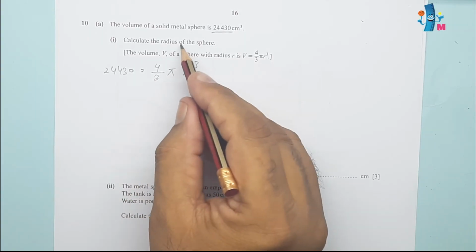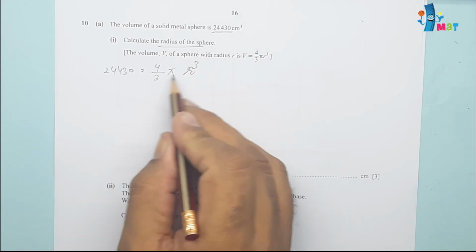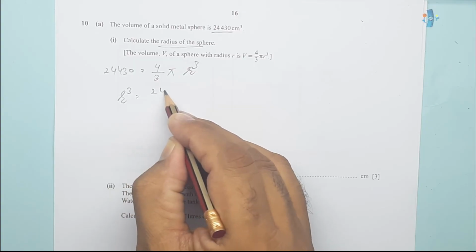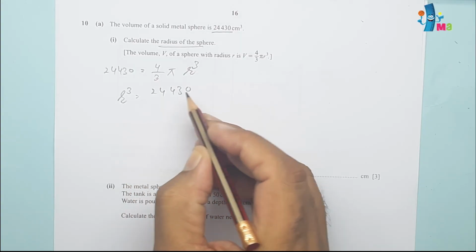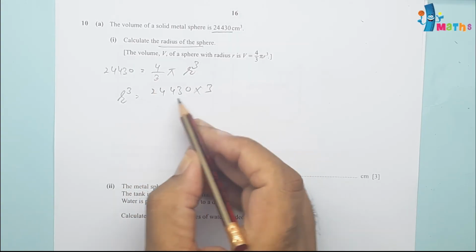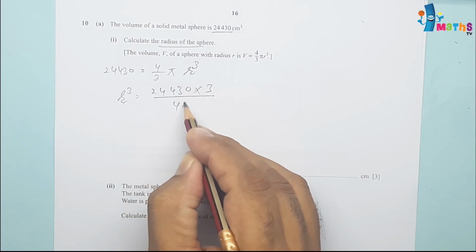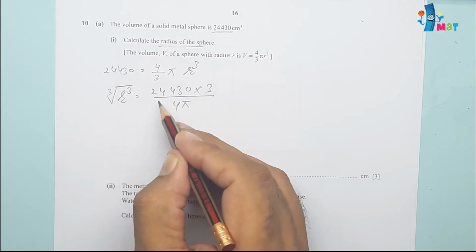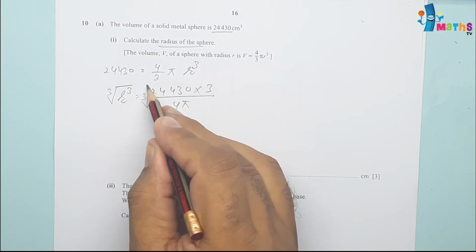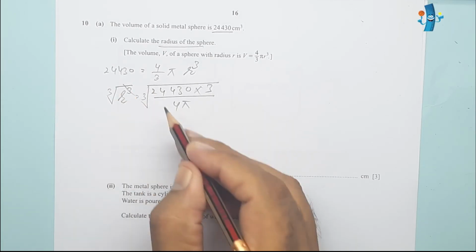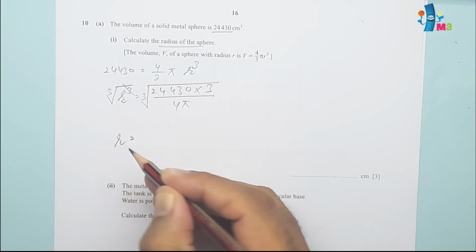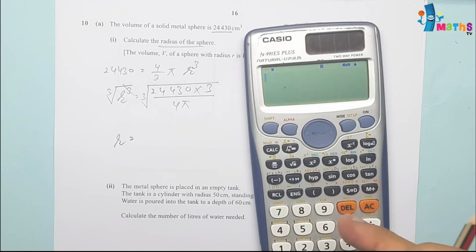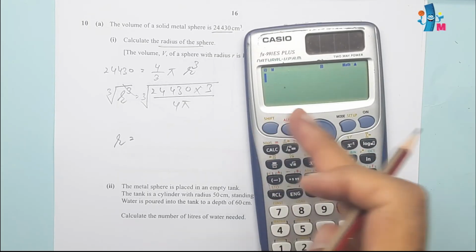So the value of r we have to find, so we'll make r the subject. r cubed is equal to 24430 multiplied by 3 divided by 4 pi, and we can take cube root of both sides. This cube root will cancel, this side will be equal to r, and now we can use the calculator for calculating the cube root.